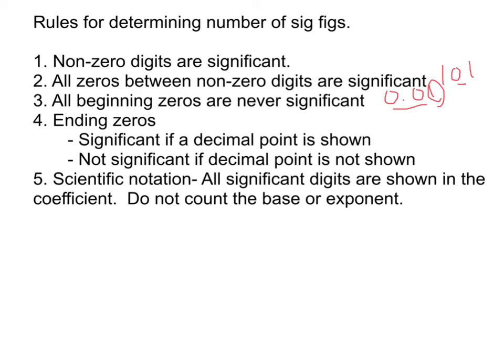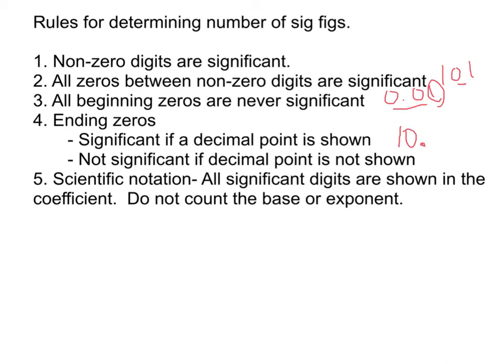Okay, so the final 2 rules deal with ending zeros, and this is really the only place where you can have some uncertainty. Ending zeros are sometimes significant, sometimes not. When are they significant? If there's a decimal point shown in the number, like if we wrote 10 with a decimal point.